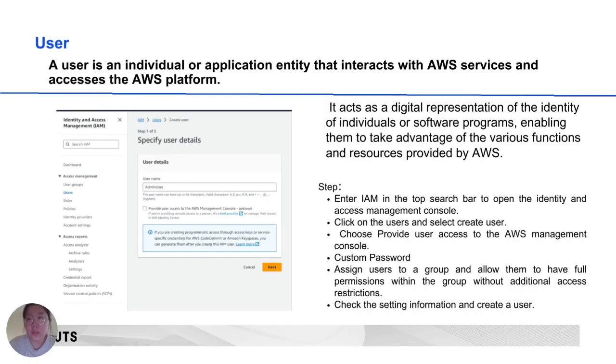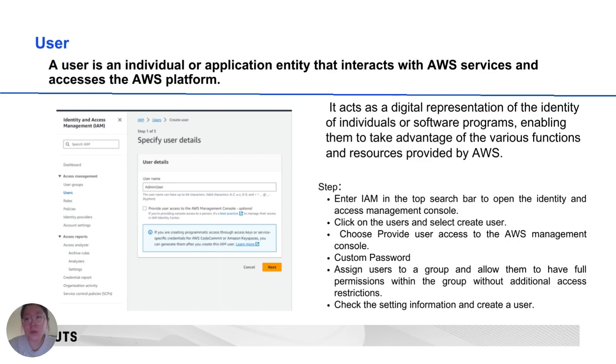First, the users. A user is an individual or application entity that interacts with AWS services and accesses the AWS platform. So first, creating an IAM user was a key step in this journey. IAM users represent the individuals or applications interacting with AWS services.